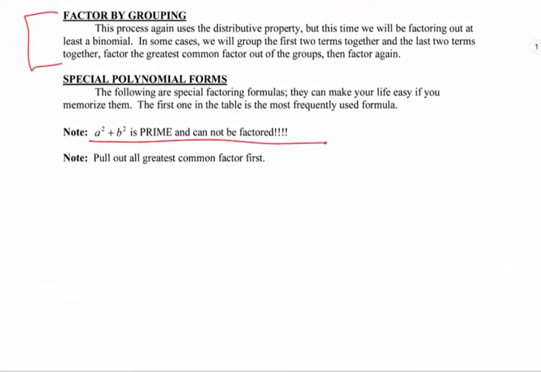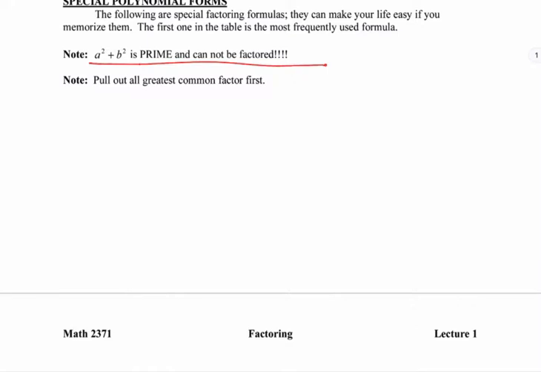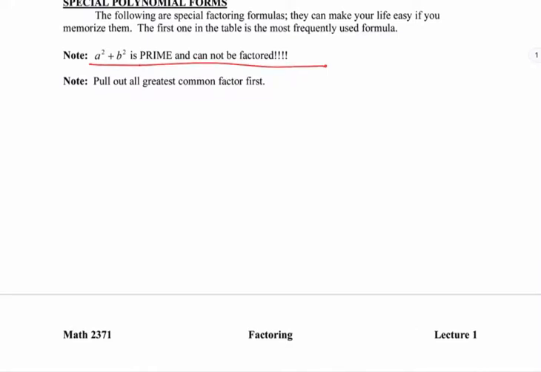Now let's get down here, and I'm going to do one more little thing. Say that I want to factor 1x squared plus bx plus c.